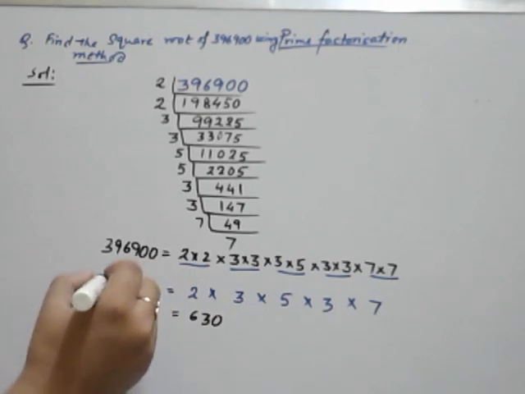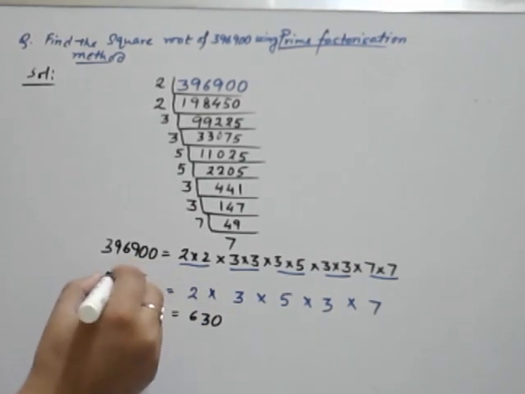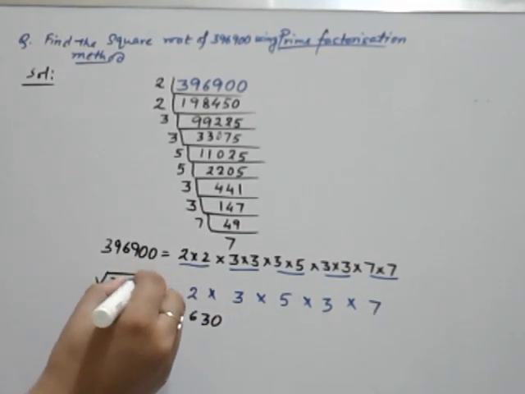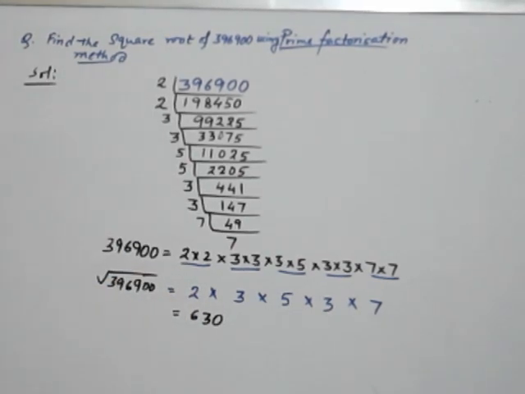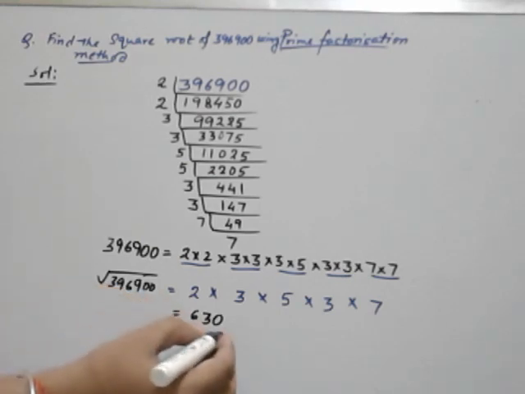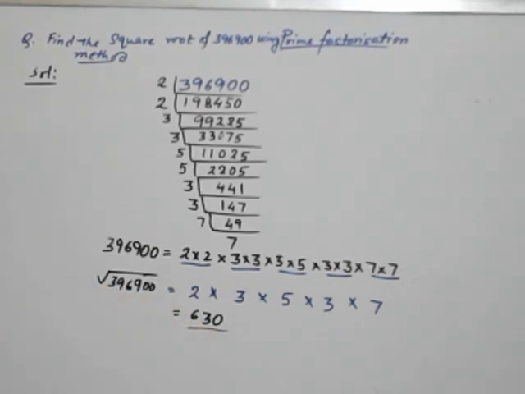So 630 is the square root of 396900. So the square root of 396900 is 630. Okay.